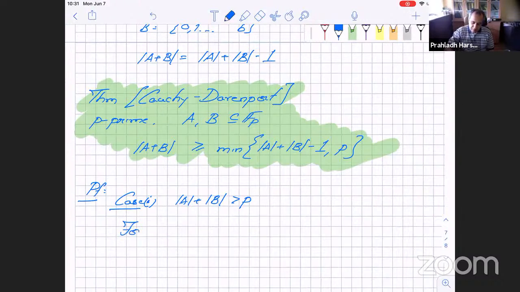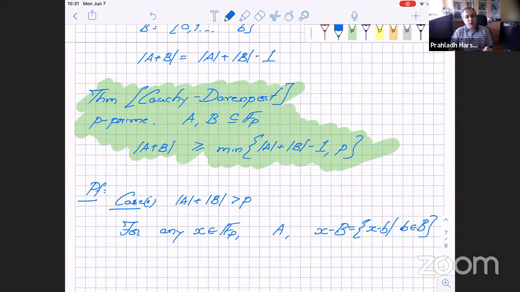For any x in F_p, look at the set A and look at the set x minus B, that is, x minus b as you range b over B. The size of A plus the size of x minus B is greater than p. Therefore, they have to have an element in common. So every x can be written as some a plus b.